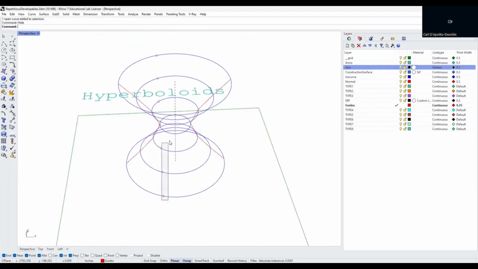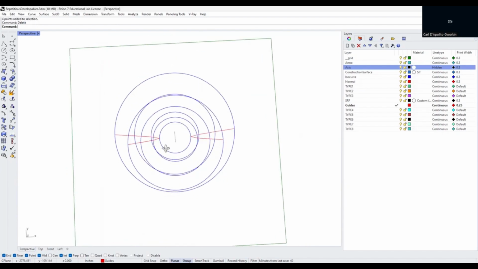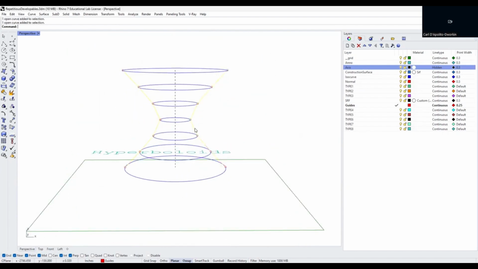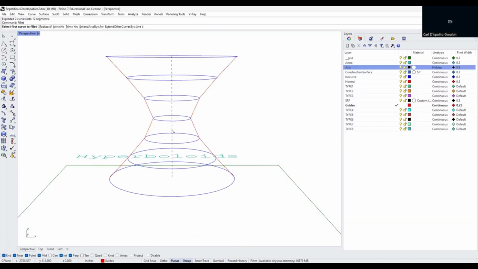It goes from there. So basically, I've got two kind of curves like that. Okay, so then I'm just going to fill it with a zero radius, get all these triangles.